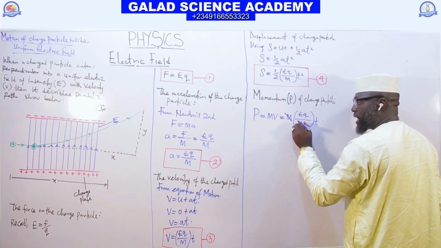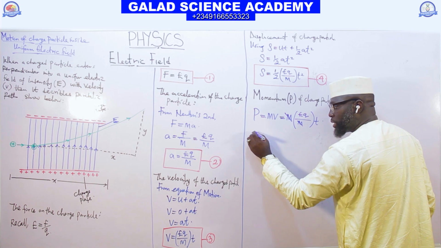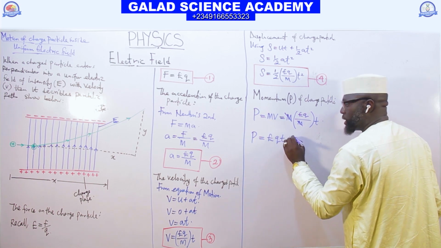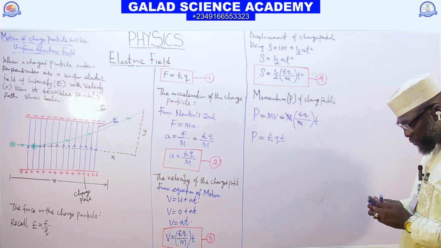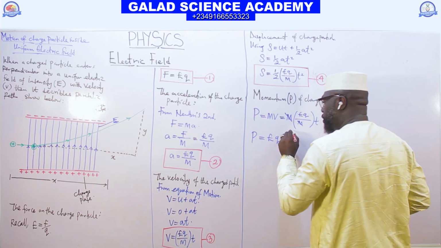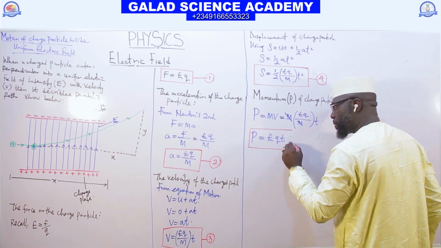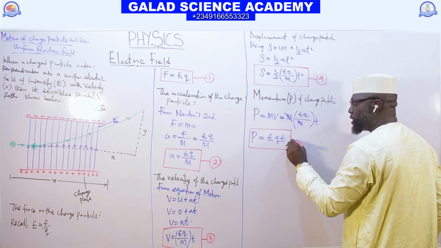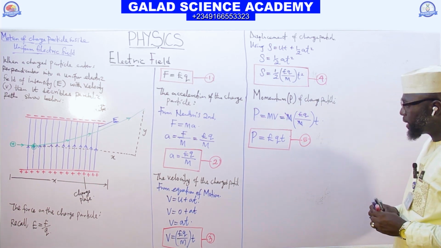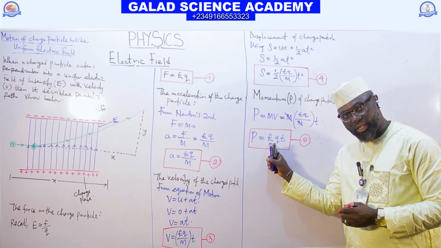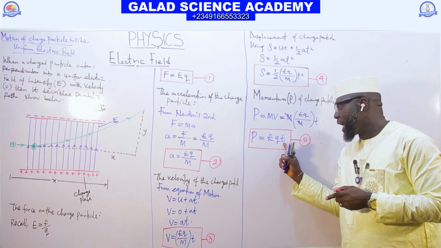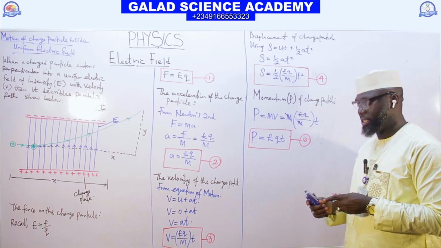By doing that, the mass cancels. So the momentum of a charged particle will be EQT. If you are asked to find the momentum of a charged particle, you apply this formula, which is equation 5: the electric field intensity multiplied by the charge and the time taken.